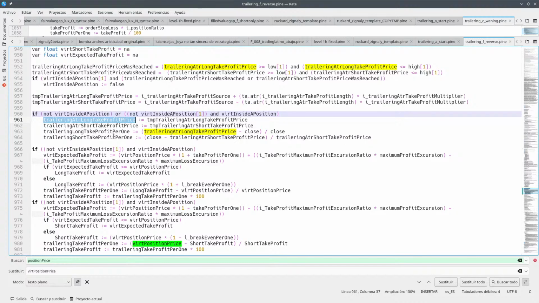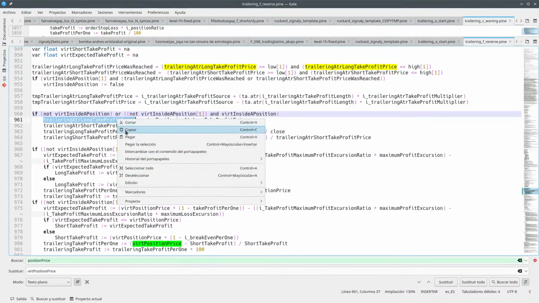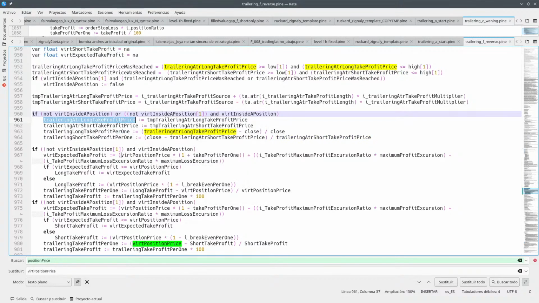So this is the initial price, if you ask me. Which is a close plus whatever.